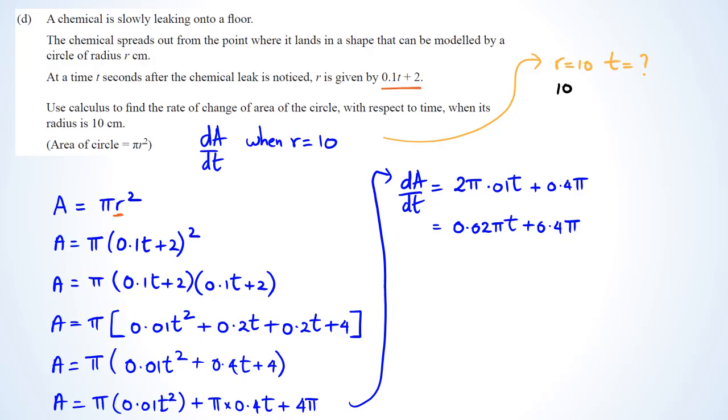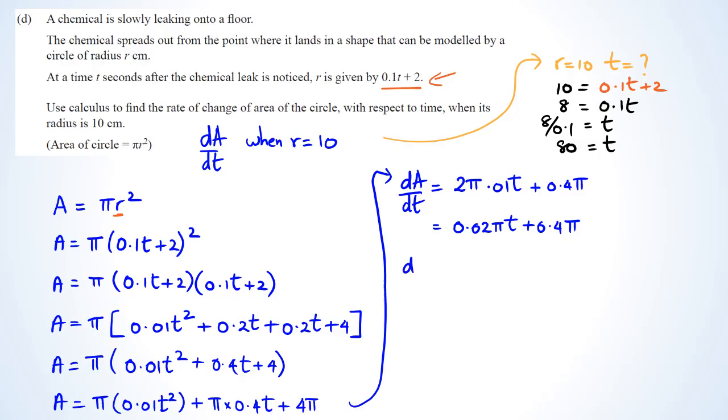So we've got 10 equals, but remember that the radius can be modeled as 0.1t plus 2. Rearranging it, 10 minus 2 becomes 8. 8 is equal to 0.1t, and t equals 8 divided by 0.1, which means t is equal to 80.